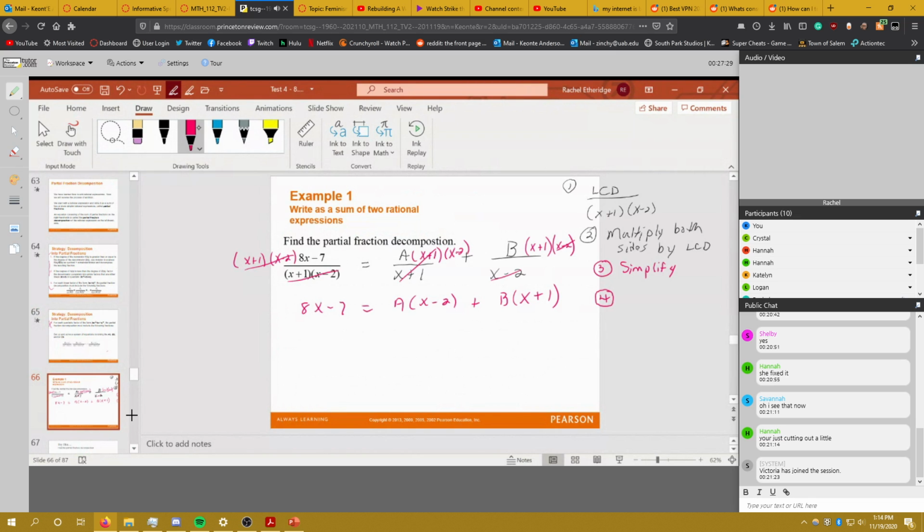So step number 4, I let x equal, and see, I have an equation, so I can plug in any x value I want to.